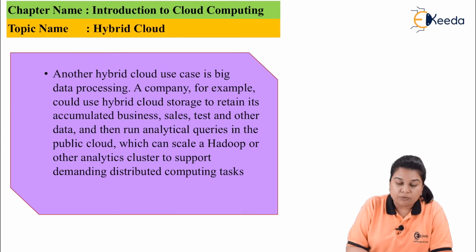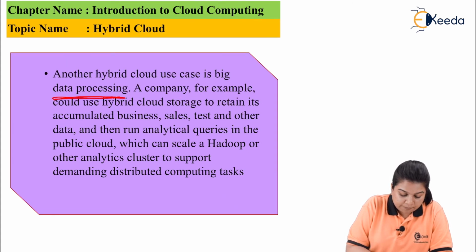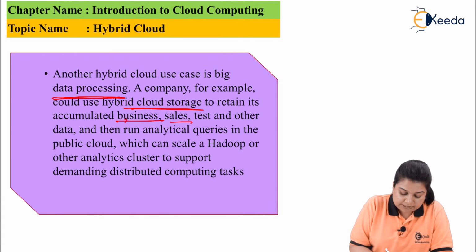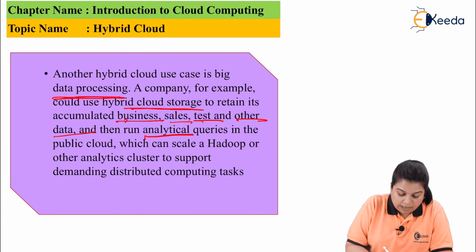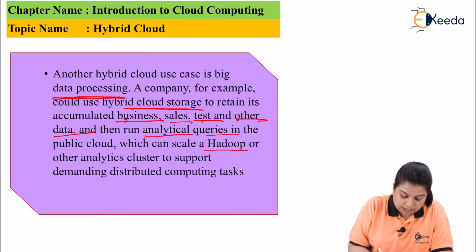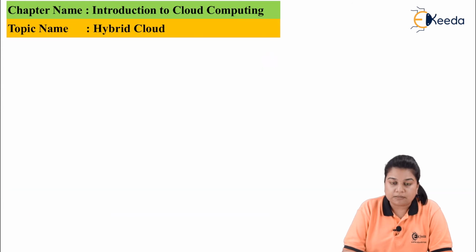Another hybrid cloud use case is big data processing. A company, for example, could use hybrid cloud storage to retain its accumulated business, sales, test, and other data and then run analytical queries in the public cloud, which can scale a Hadoop or another analytics cluster to support demanding distributed computing tasks.